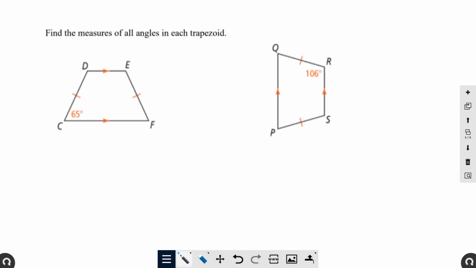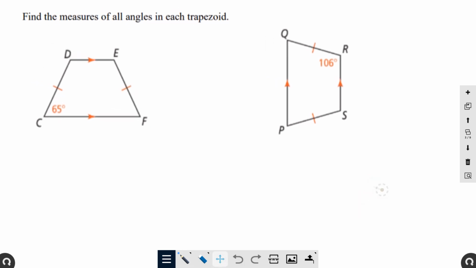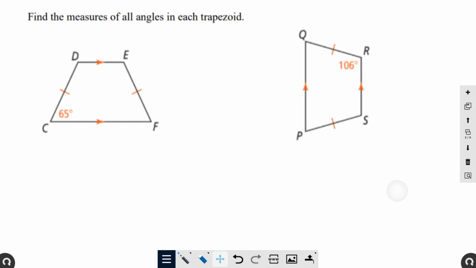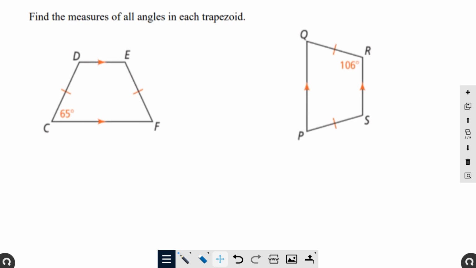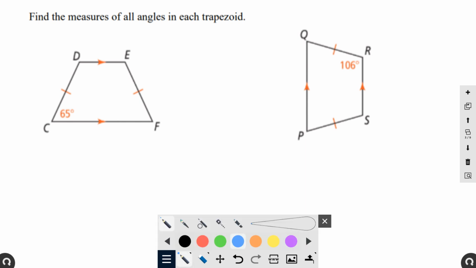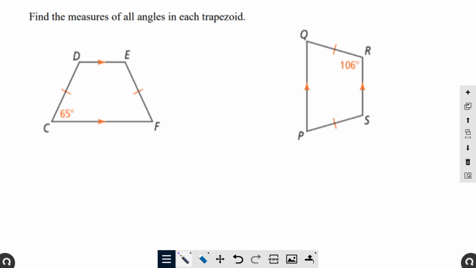All right, let's find the measures of some angles. Now, these two are trapezoids, but they are also what kind of trapezoids? Isosceles, because we see that the two non-parallel sides are equal to each other. So let's find all of these angle measurements. If this angle here at C is 65, what other angle is also 65?